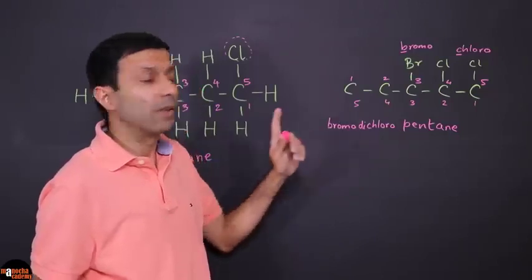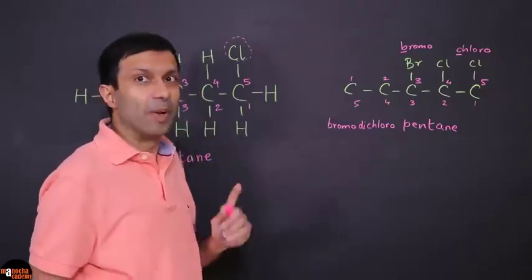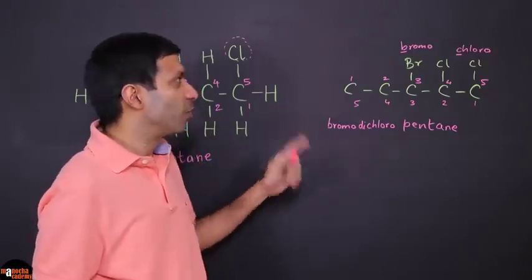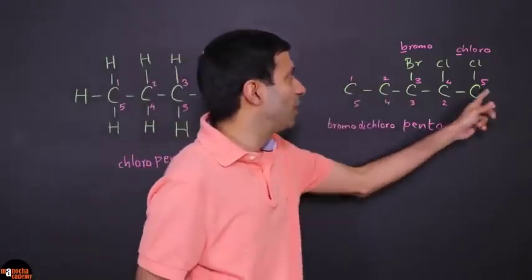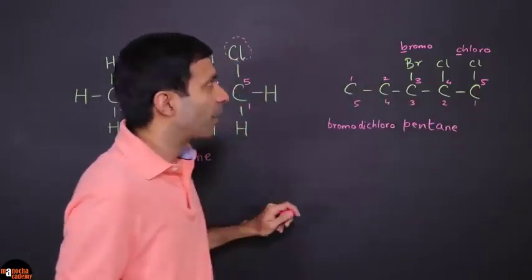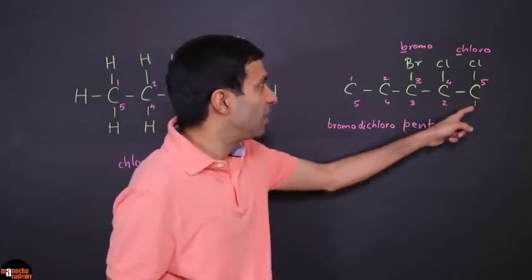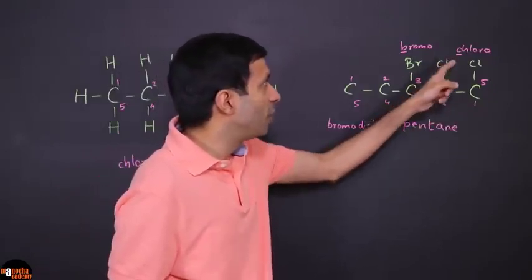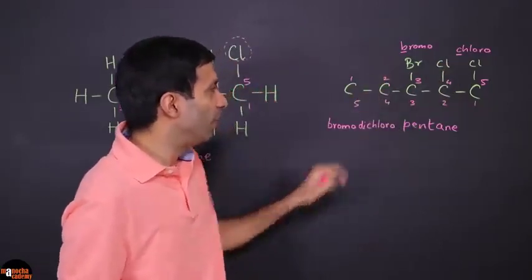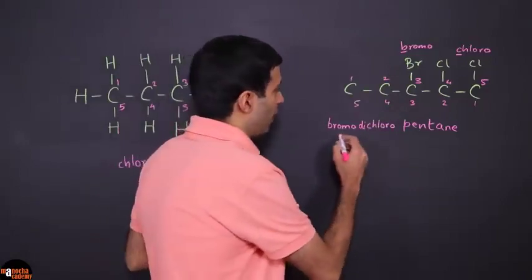But we also need to give the numbering. And remember, we need to choose the smaller numbers. So we won't go for this scheme, we'll go for the backward scheme. So you can see that there's a 1, 2 dichloro and a 3 bromo. So I'm going to rewrite this name again.